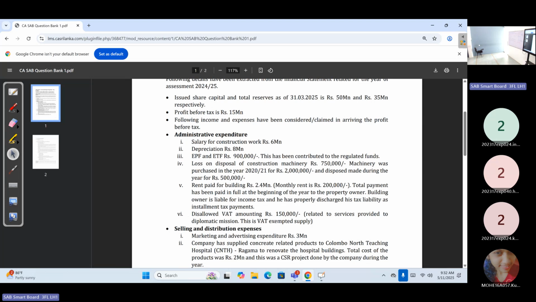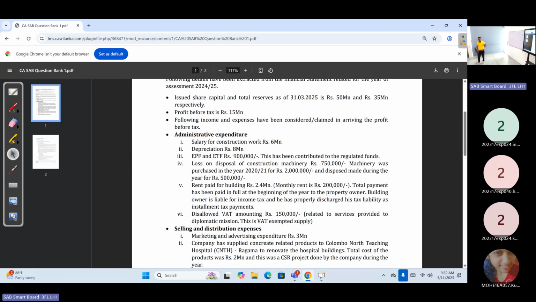Why can we not claim capital allowance for 24-25? We are computing capital allowance on the year-end balance, the balance as of 31st March 2025.